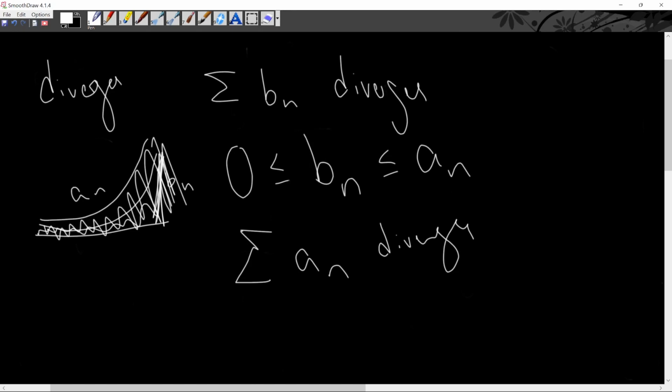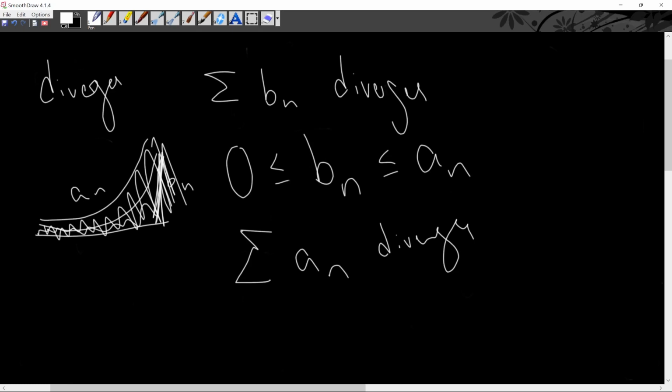If you just look at that, it makes sense. You can substitute a as infinity, b as infinity. If we say that b sub n diverges, which can oscillate, which is a different idea, a whole other can of worms, but if b sub n diverges, it's going to negative or positive infinity. Since 0 is less than or equal to b sub n, we're just going to stick with positive infinity.